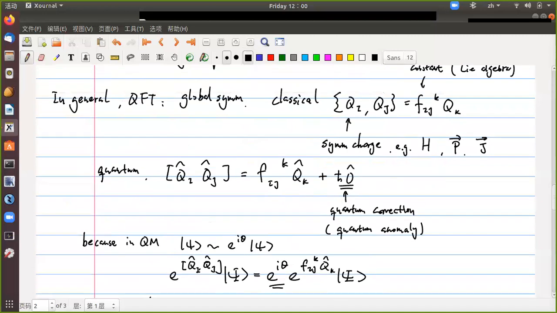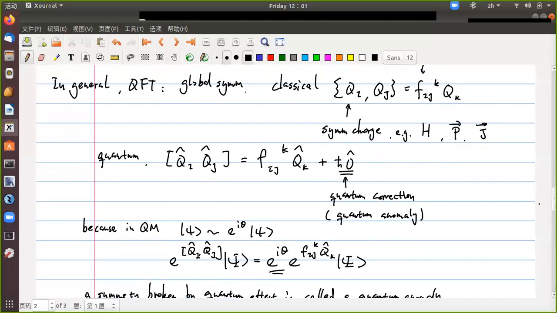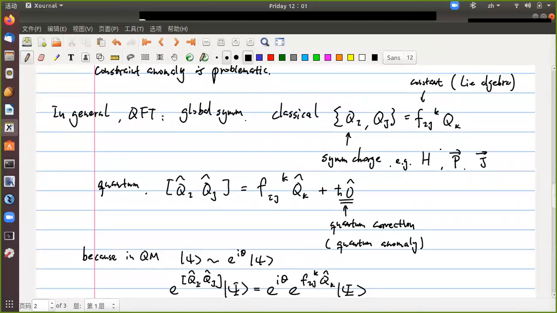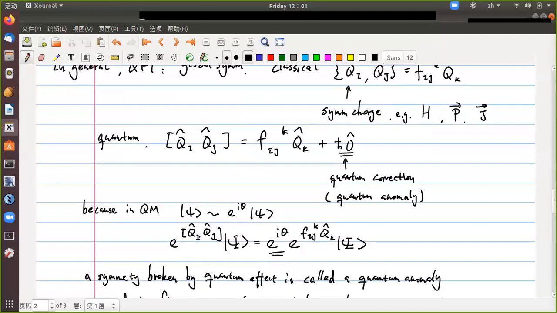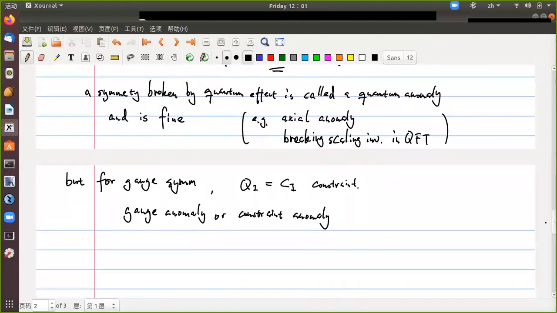It's exactly the same logic as we discussed for global symmetry: you have a classical Poisson bracket between symmetry charges, you get some Lie algebra, but quantum mechanically, you get quantum corrections in your commutation relation. Gauge symmetry is usually also broken by quantum effect. But in this case, it is not fine. You get a problem.